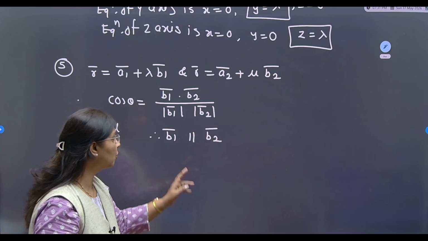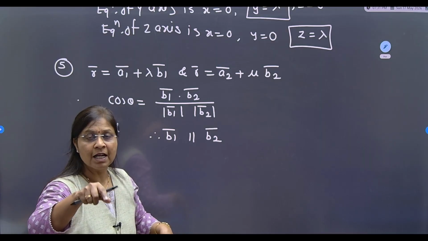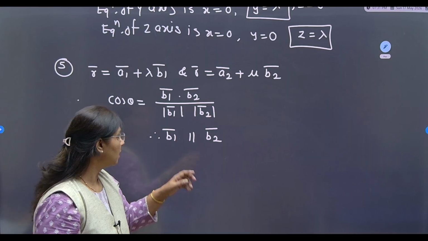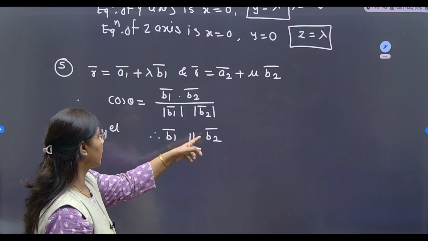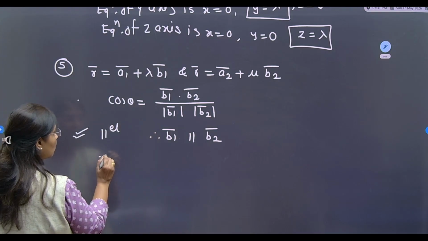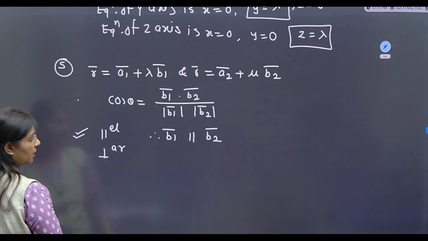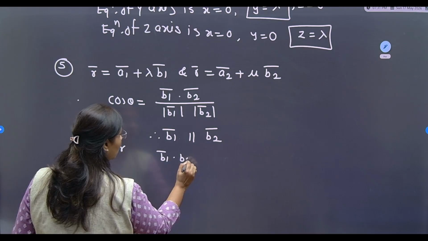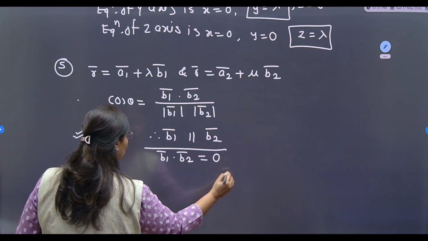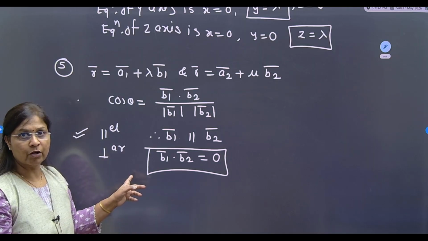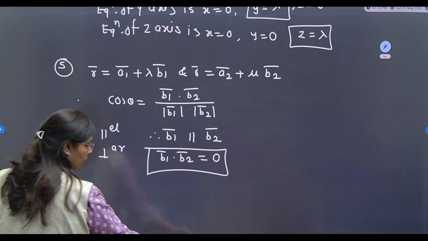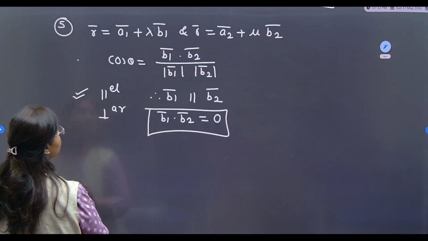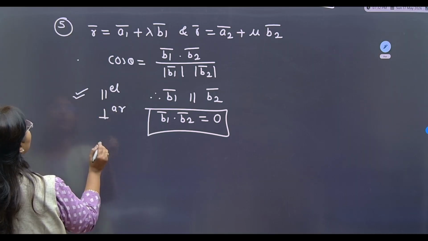And we know that if two lines are parallel, then one vector is a scalar multiple of the other. Suppose the two lines are perpendicular to each other, then the condition is b1 bar dot b2 bar equals 0. Perpendicular is the most important point. When vector equations are given, these are the conditions of parallel and perpendicular lines.